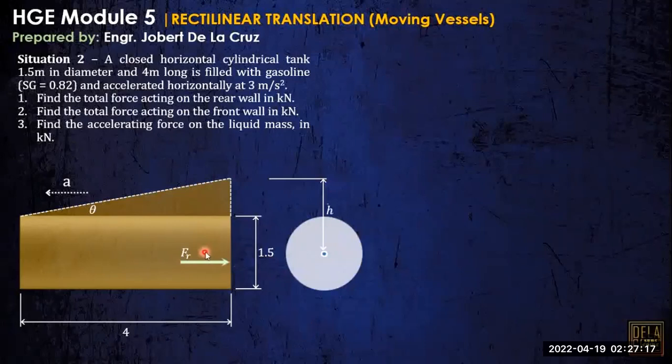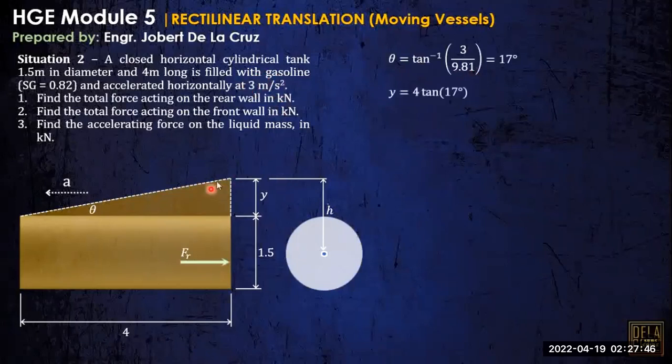For calculating this one, that is just an hydrostatic force. No? So, we should account this one. Of course, this barred H, as you can see, that will be Y plus half ng 1.5. Okay? So, we can solve this by this theta if we have that angle theta. Okay? So, that theta can be solved by this acceleration, 3 meters per second squared over the gravity. That is 17 degrees.